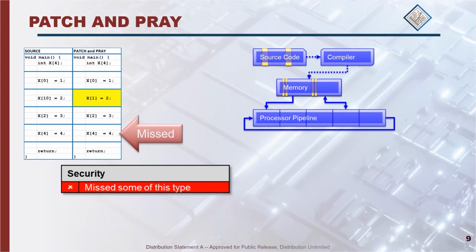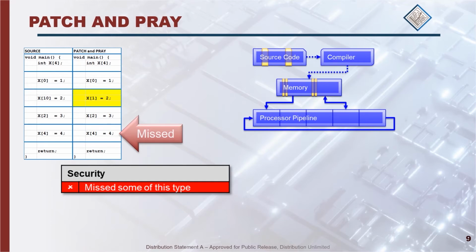And in computer speak, arrays start from 0, so 4 is technically one past the end of that array. So another buffer overflow exists in this particular simple example. So here is the problem with this patch and pray approach: you may still miss things in software as you're trying to go through and do this.